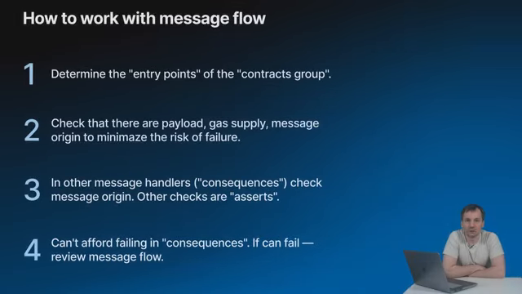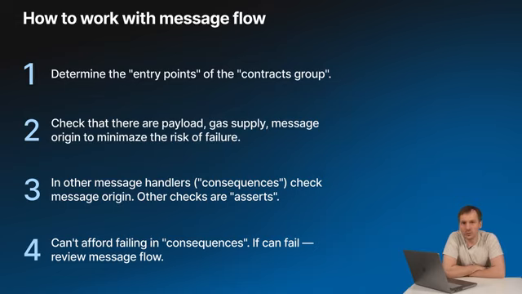Using the message flow, first define the entry point. This is the message that starts the cascade of messages in your group of contracts, consequences. It is here that everything needs to be checked: payload, gas supply, etc., in order to minimize the possibility of failure in subsequent stages.